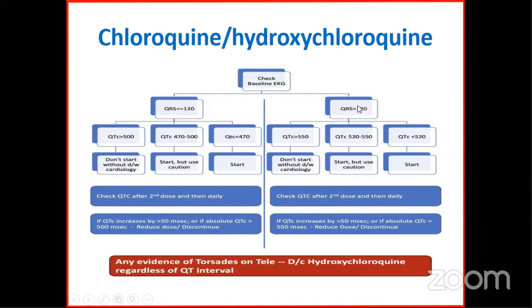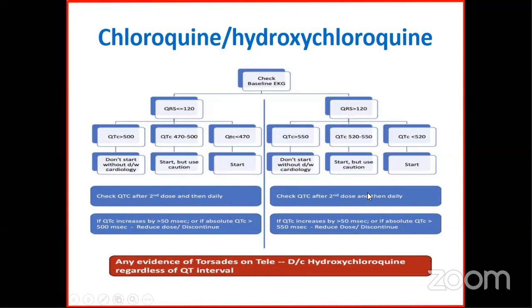But if we have a prolonged QRS, more than 120, and the QT is more than 550, I will not start until I have clearance from a cardiologist. If between 520 and 550, I will start, but I need to check drug-drug interactions and discontinue any other medication that can cause prolongation. If the QT is less than 520, I will start immediately.